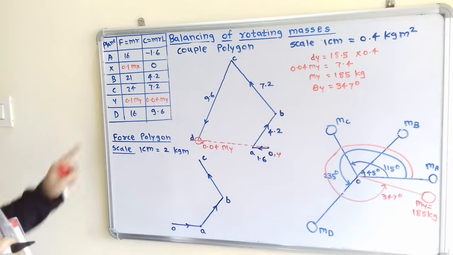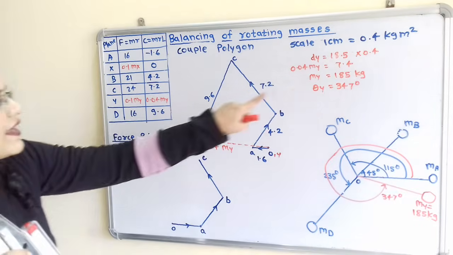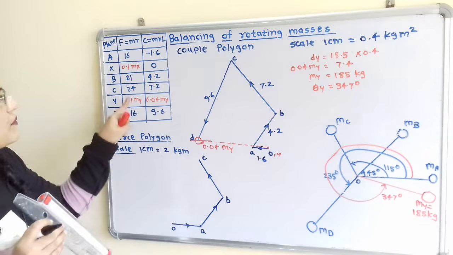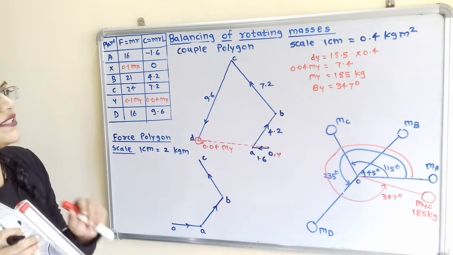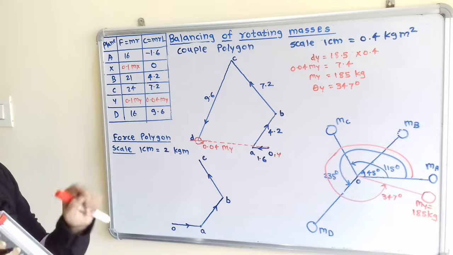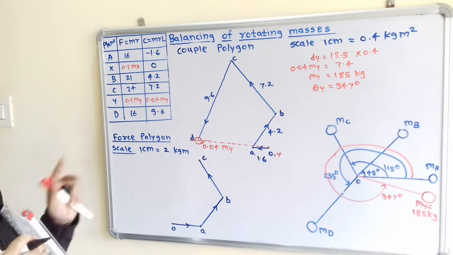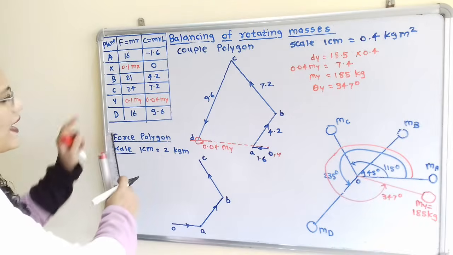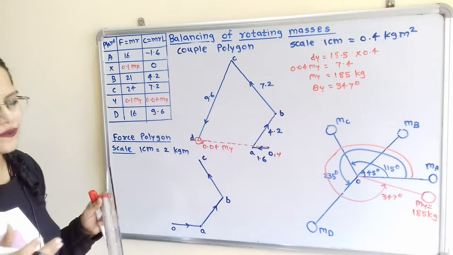Now next one, Y. My is known, 18.5 into 0.1. So 18.5 into 0.1, that is 18.5. As per this scale, 18.5 divided by 2, that is approximately 9.2, we will consider. For Y, the angle is also known.